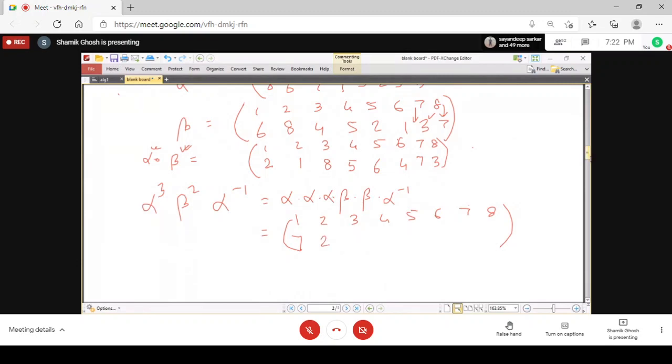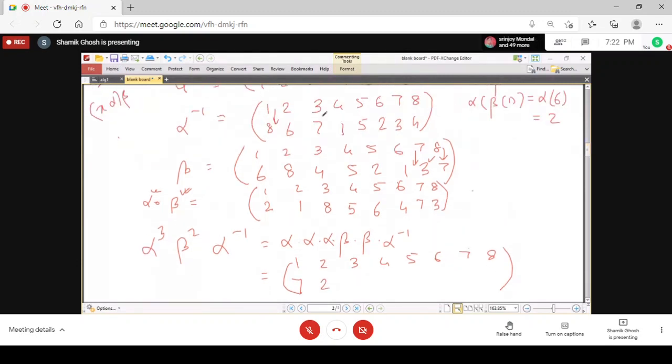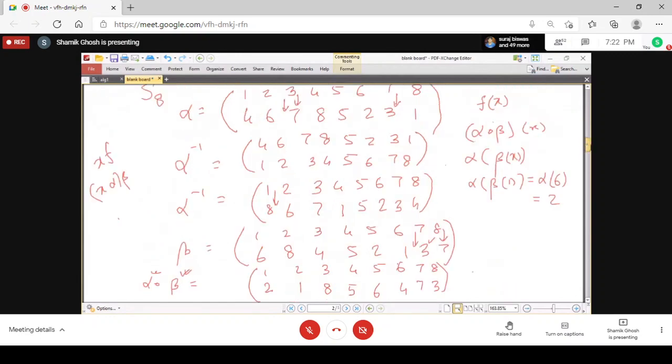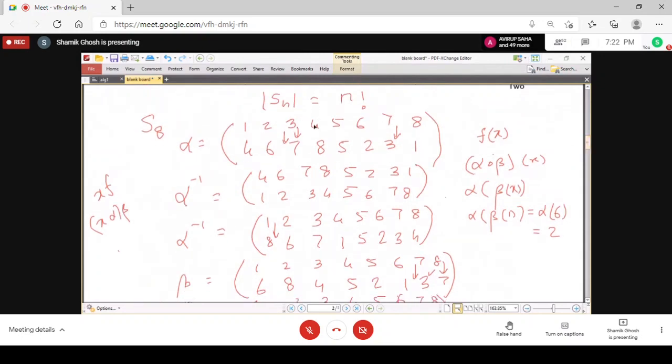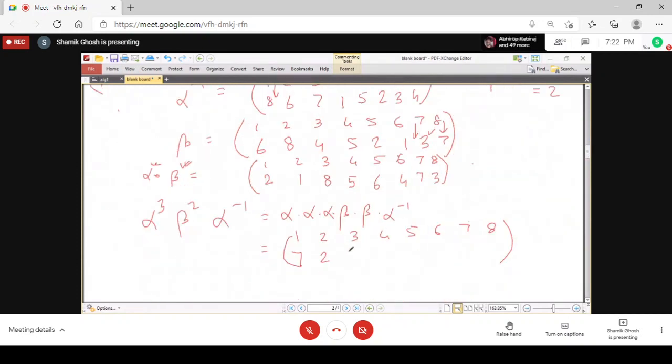Similarly, we do for 3. Under beta, 3 to 7, 7 to 3, and 3 to 4. And then if we apply alpha 3 times to 4: 4 to 8, 8 to 1, 1 to 4. So ultimately we get 4 here.